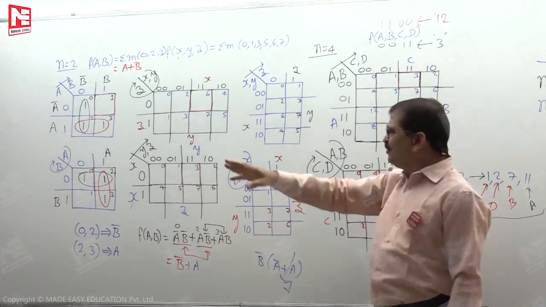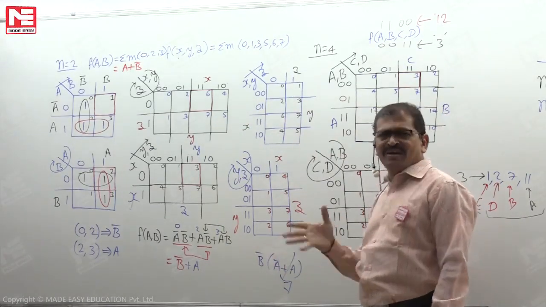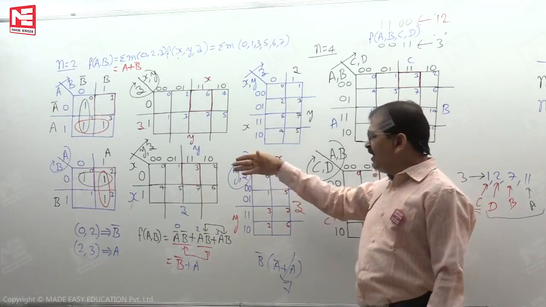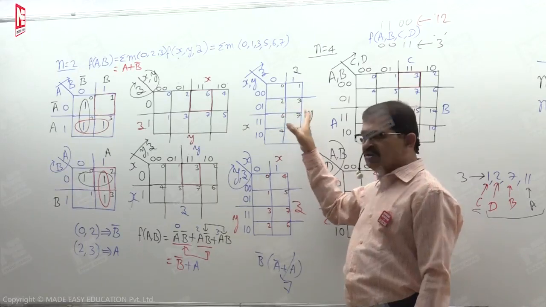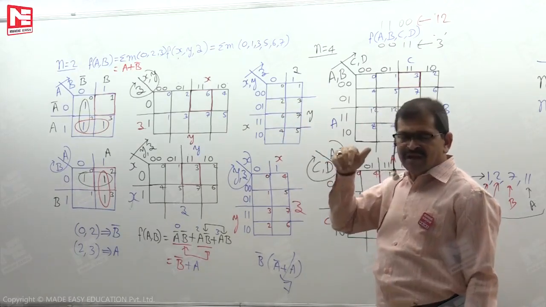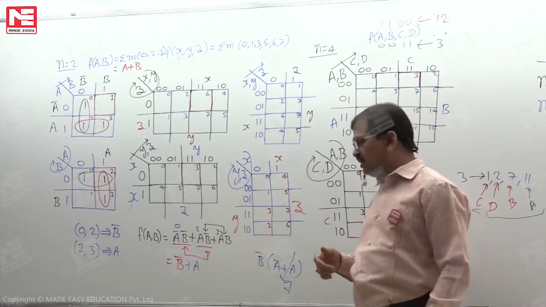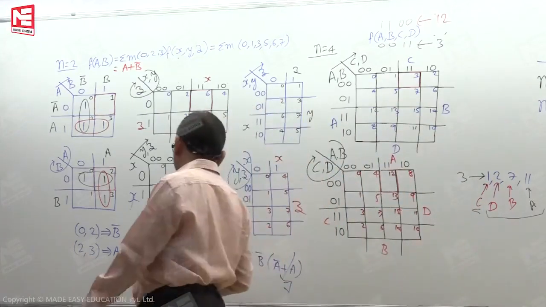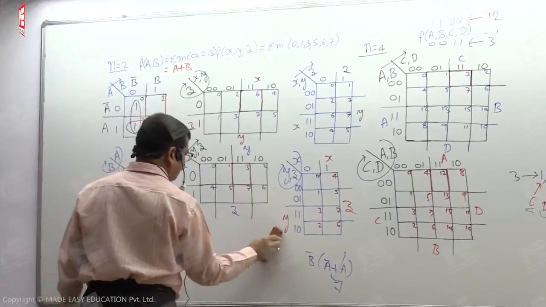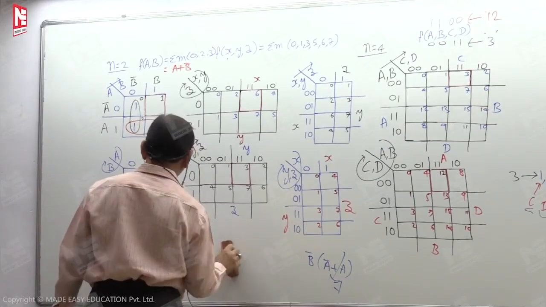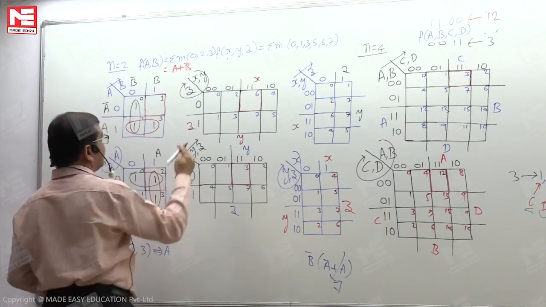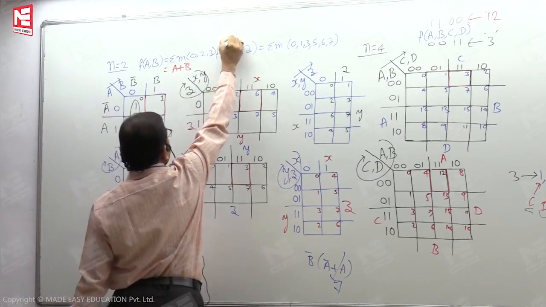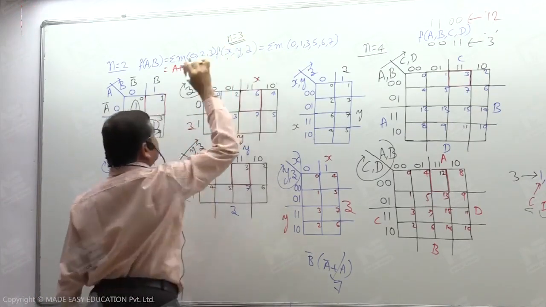If you are familiar with this, use this; whichever format you were familiar with earlier, better to use that. So this, of course, is a 3 variable function, we know.